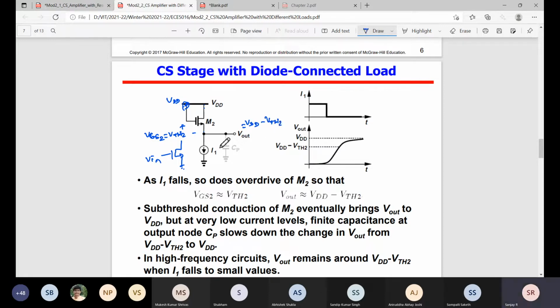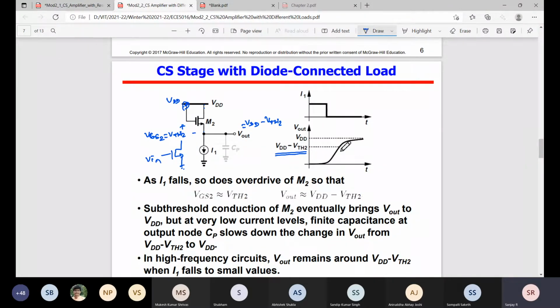After that, when you increase the input voltage, the current is decreasing, but due to the capacitance effect, the output won't quickly charge to VDD. It will take more time. So practically it won't reach VDD. We can approximate that when the device is in off condition, the output is approximately VDD minus VTH2, because it is slow due to the parasitic capacitance.